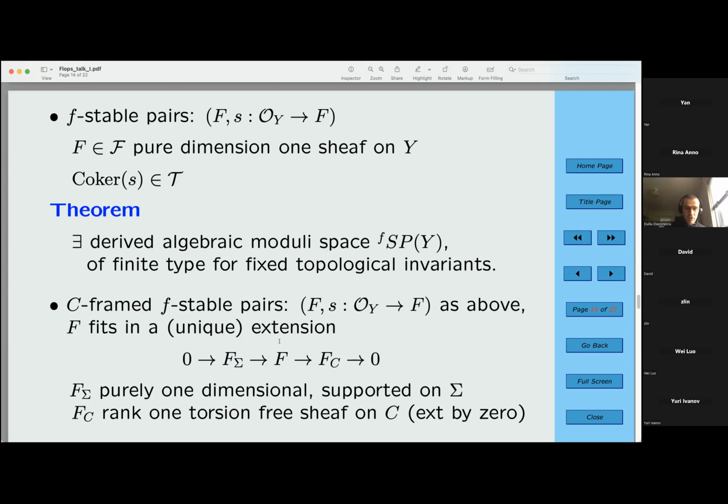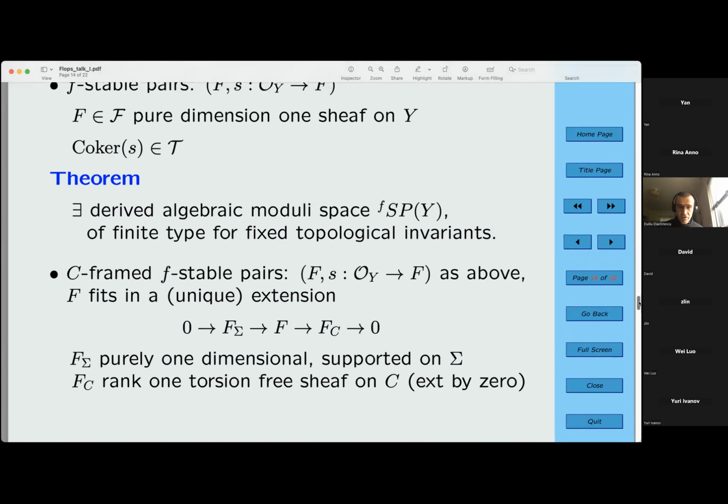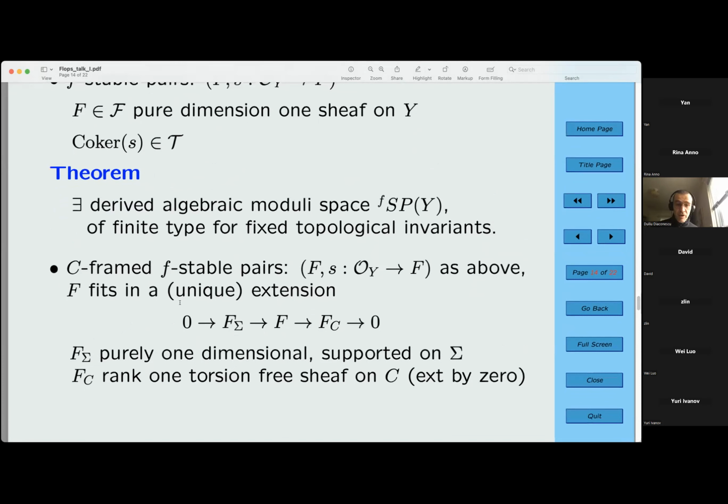Okay, so we ask F to fit in such an extension. That's the notion of framing for my F-stable pairs. That's where C comes in. Initially, in their work, of course, there is no fixed curve. C comes in this way.